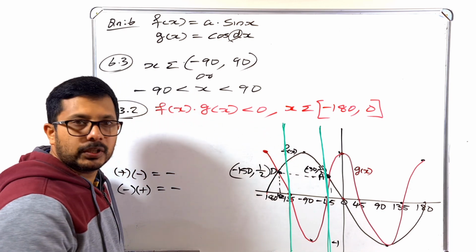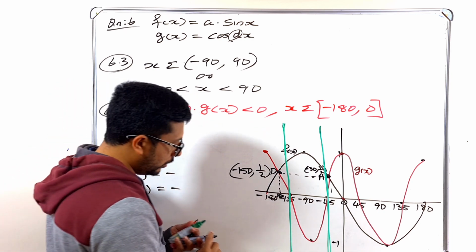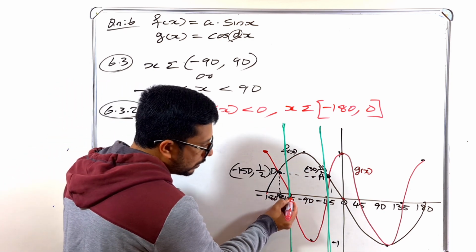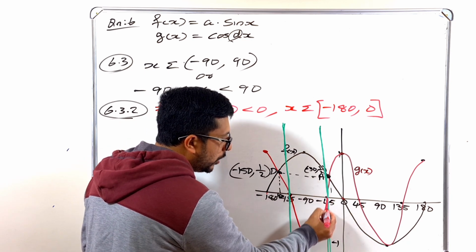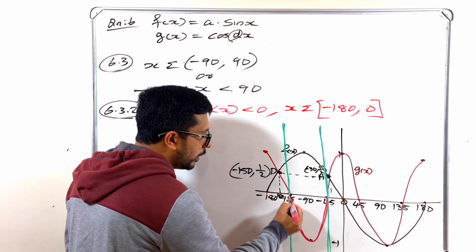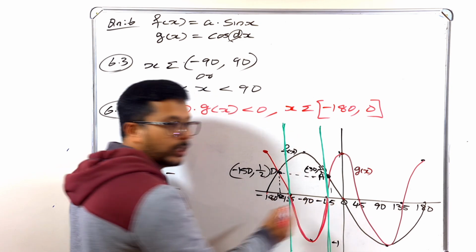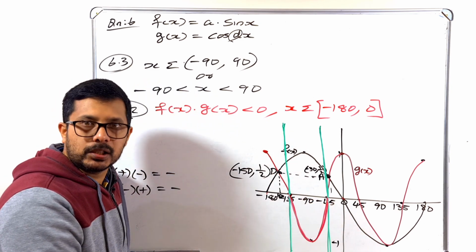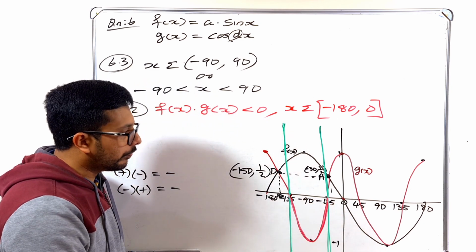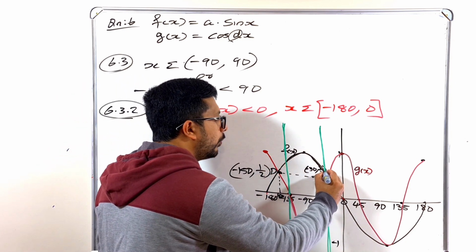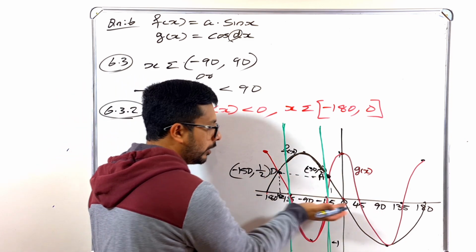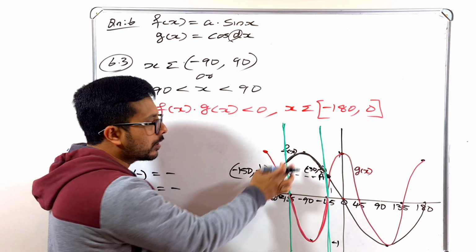Here we can see that this red graph, the g of x graph, is below the x-axis. Do you agree that this one is below the x-axis? That means negative. Then what about the f of x graph? This is the f of x graph, above the x-axis. Am I right? Above the x-axis, that means positive.